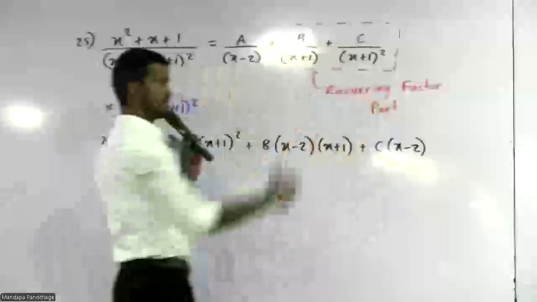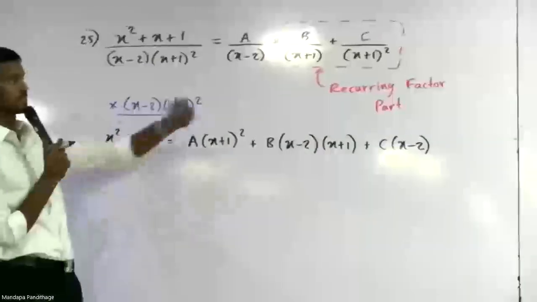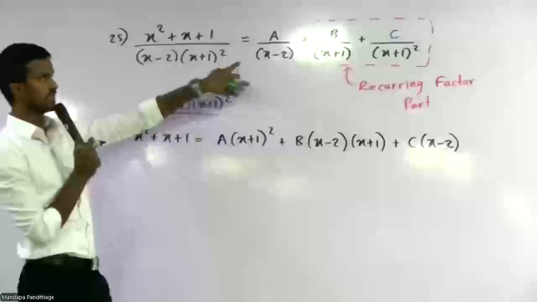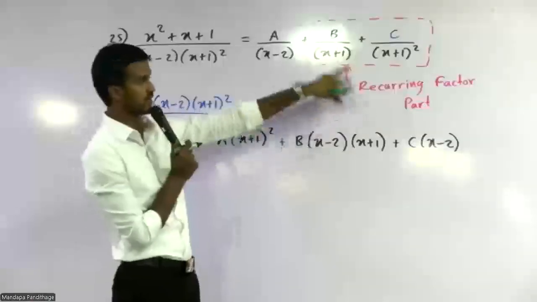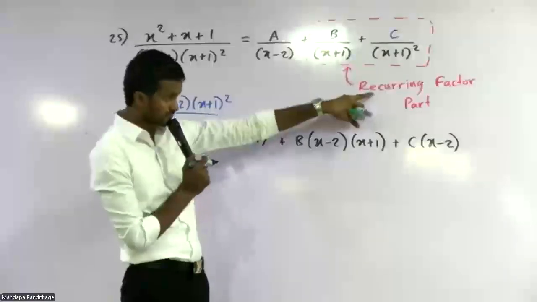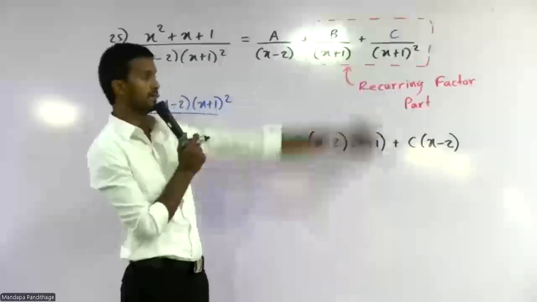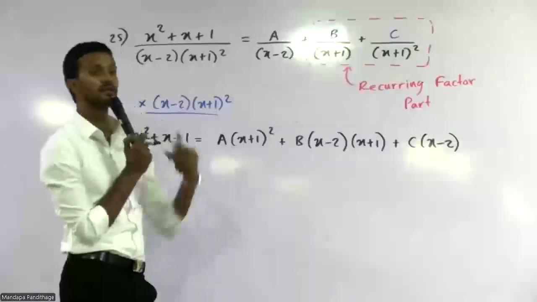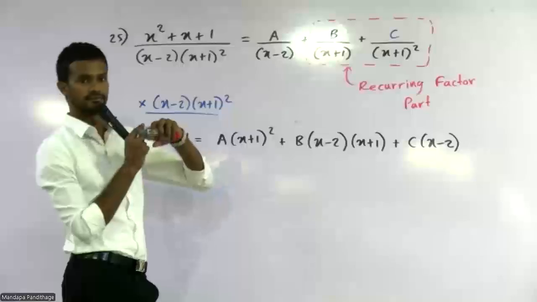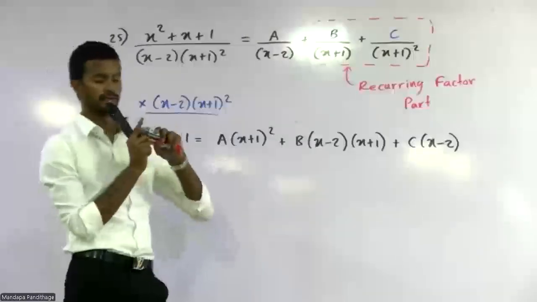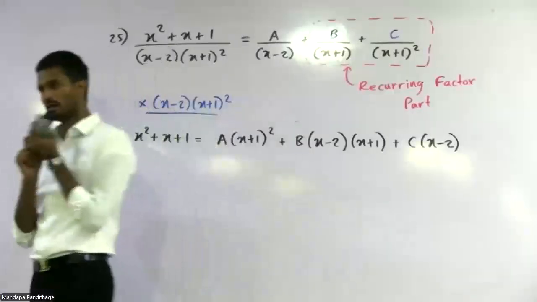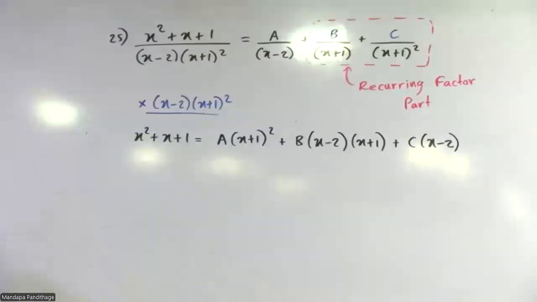So the remaining is the same, but the difference is you have to split this in this way, and whatever the degree of this recurring factor part, the numerator is a constant. Write in this way.